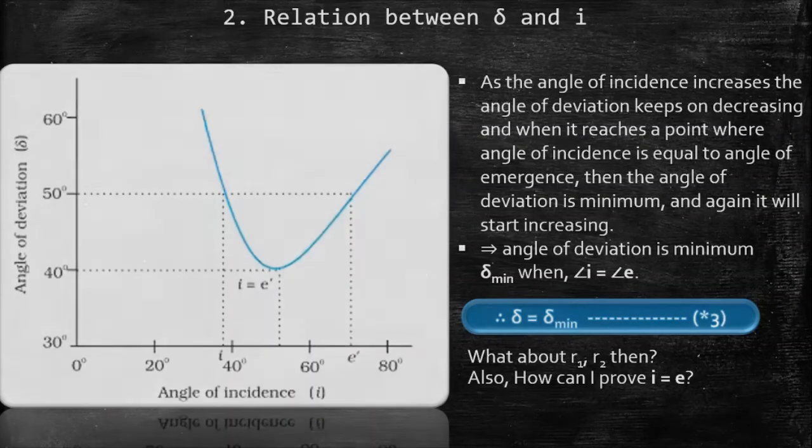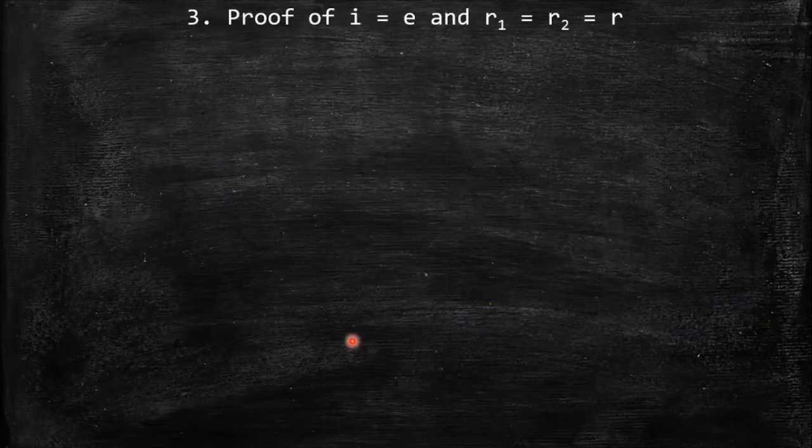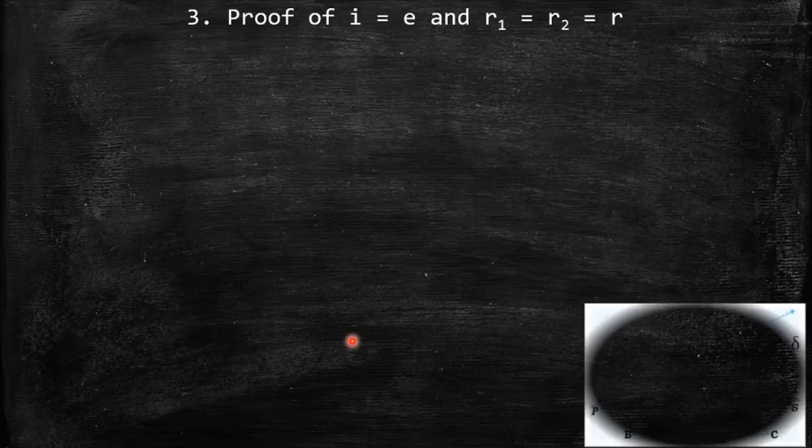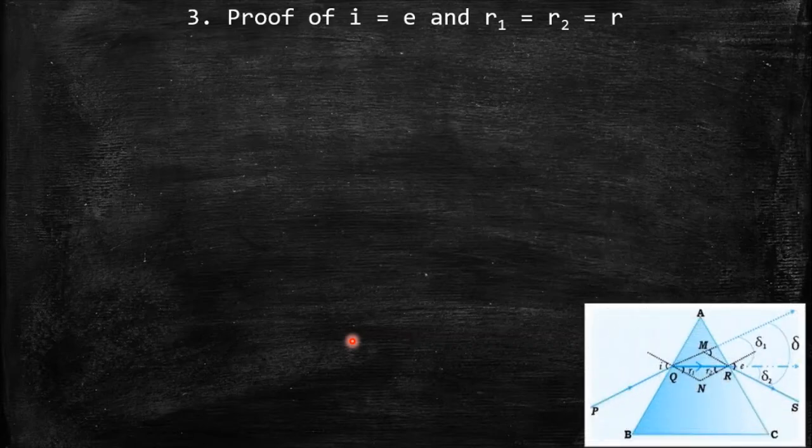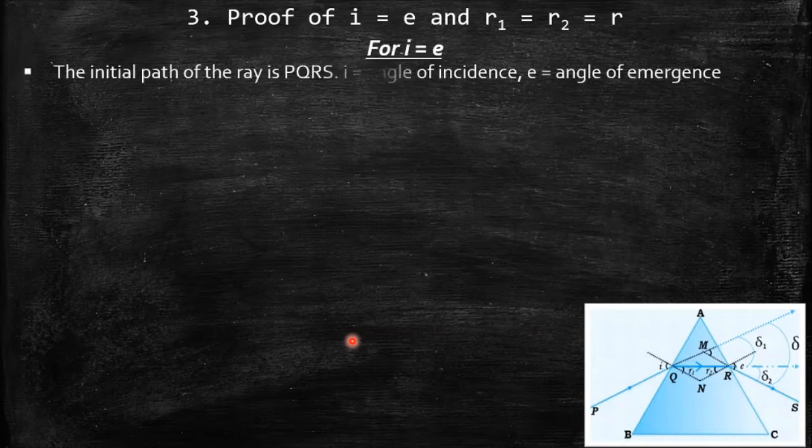So let us now move ahead to our third step, that is to prove that I is equal to E and that when I is equal to E, R1 is equal to R2 is equal to, let's say, any R. And as always, I will obviously have the diagram back again. So let us first prove that I is equal to E. And how do I do this?